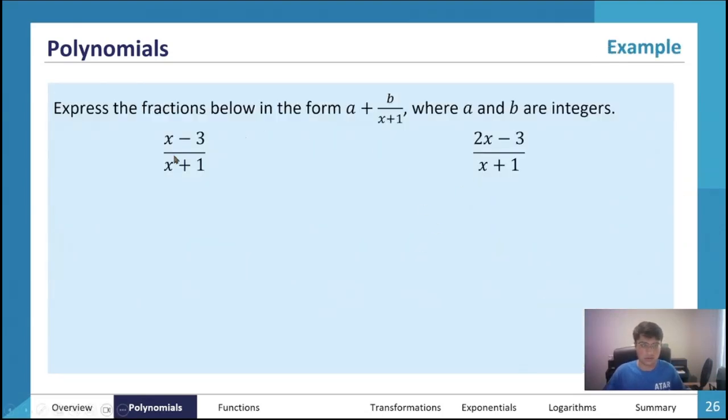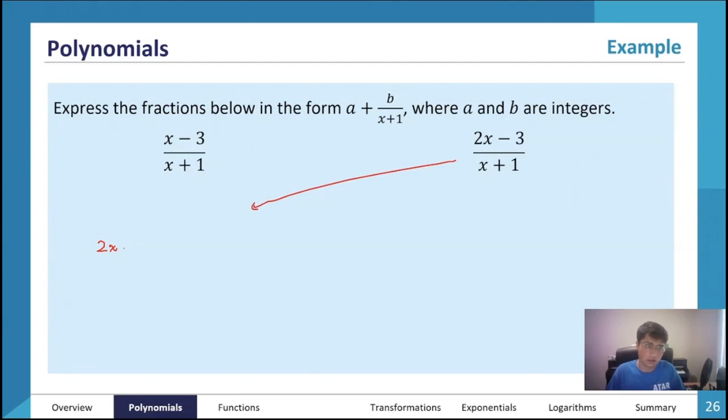I'm going to ignore the first example because it is pretty basic. We'll move straight into the second example here. So 2x minus 3 over x plus 1, and we're trying to mimic the plus 1. But notice that we have a 2 out at the front.